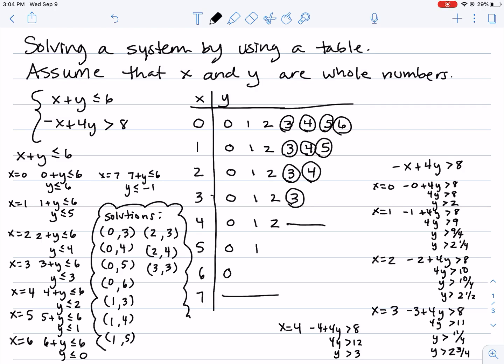When I plug in (0, 5), x equals 0, y equals 5 into each inequality, it makes both inequalities true statements. Therefore, (0, 5) is a solution. I can continue and do that with the rest of those solutions, and all of them are going to make each inequality a true statement. Therefore, it would be a solution to that system. So these are all of the whole number solutions to this system of inequalities.